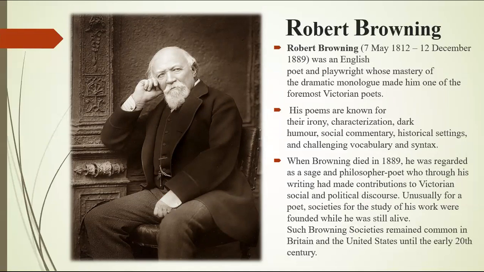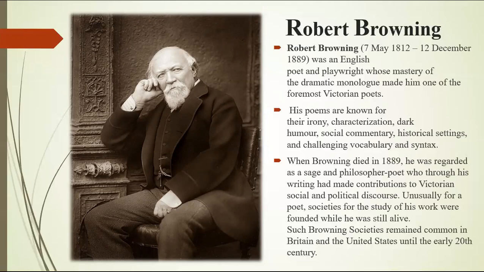Robert Browning was an English poet and playwright whose mastery of the dramatic monologue made him one of the foremost Victorian poets. Now, we need to know what a dramatic monologue is, because dramatic monologue is a word that goes hand in hand with Robert Browning. And to understand Robert Browning, we must understand the form of dramatic monologue.